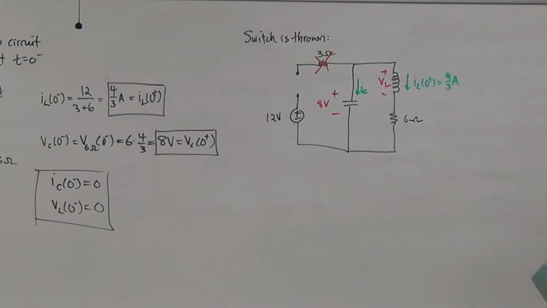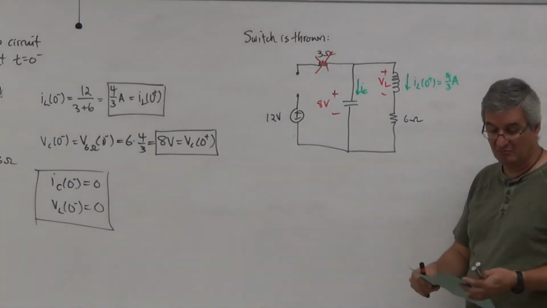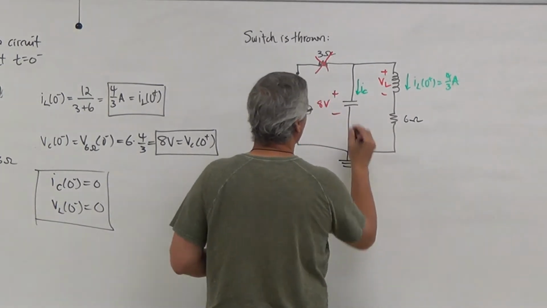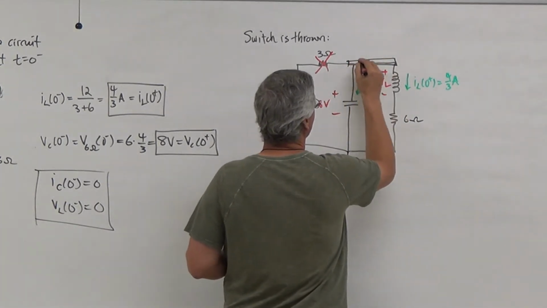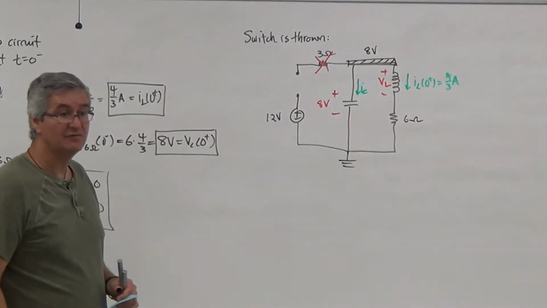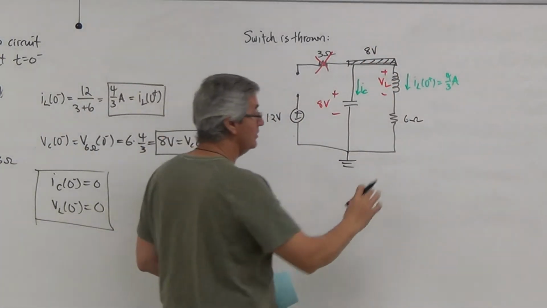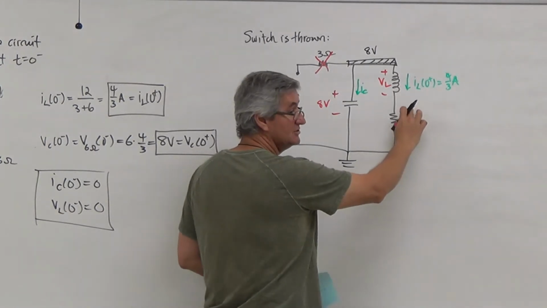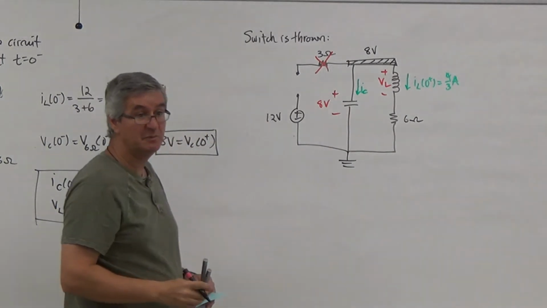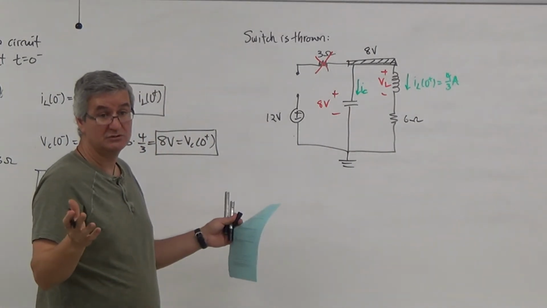So right away, this is a fairly nice circuit here, right? If I make this ground, we know that this has to be what? 8 volts. So if that's 8 volts, since the current can't change, we know that the current through the 6 ohm resistor must be 4/3.